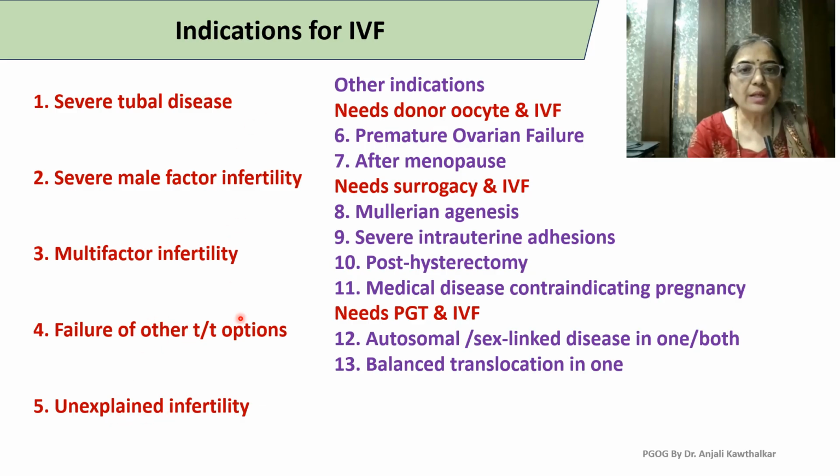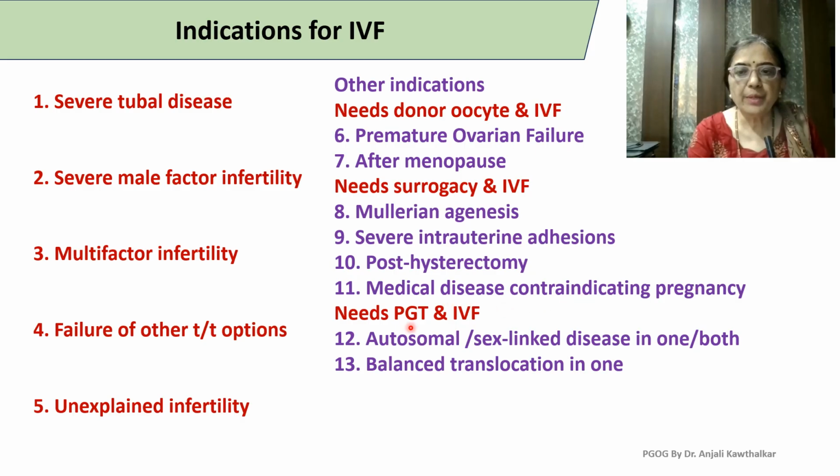Apart from these, there are three groups where IVF is required because of some additional reason, such as patients who need donor oocyte, women having premature ovarian failure or after menopause, those who need surrogacy, such as Mullerian agenesis, severe intrauterine adhesions, post hysterectomy, and there is some medical disease which is contraindicating pregnancy.